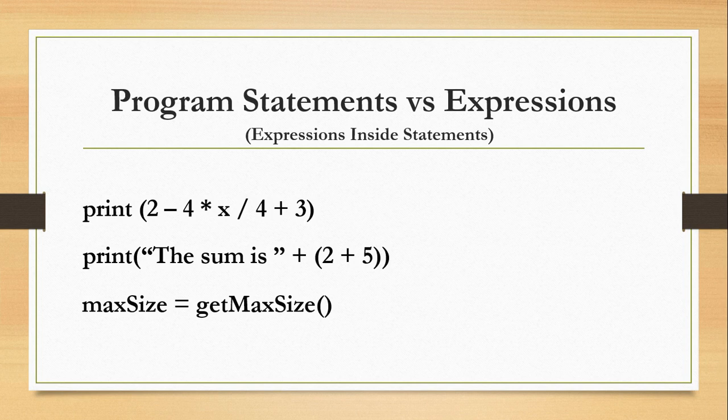When it brings a value in return, it simply assigns the value into the variable called max size. So this is also an expression mixed with statements, because get max size, since it's a function and it will perform some evaluation and bring a result, is simply an expression. And the entire line from max size equals get max size is simply a statement.